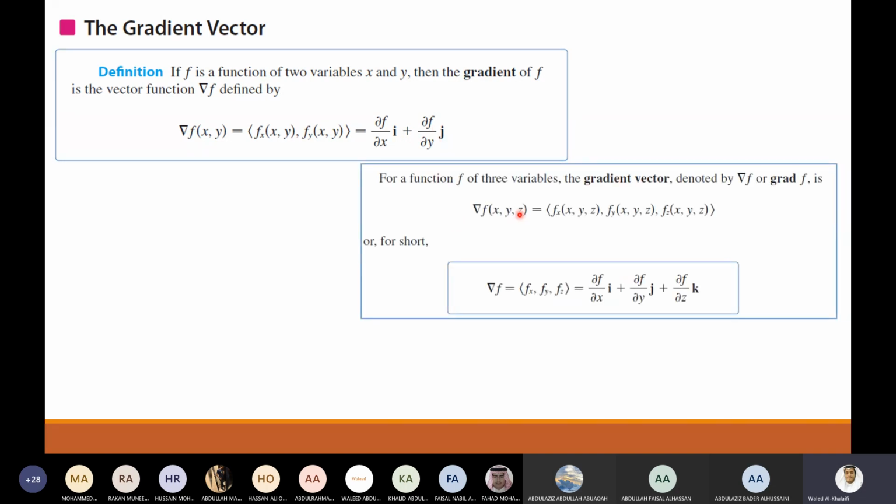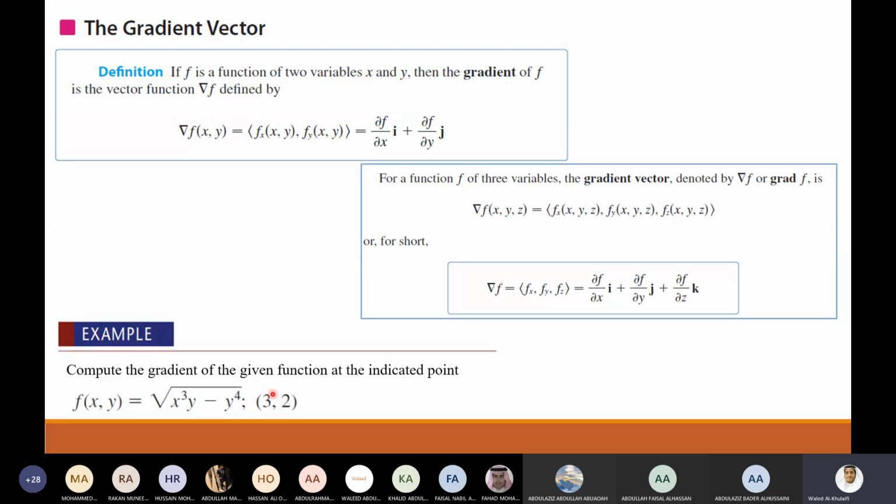If you are dealing with a function of three variables, the gradient of f is the partial derivative with respect to x, with respect to y, and with respect to z, and you can write it in terms of i, j, k. So when you take the gradient of the function f, the result will be a vector. Keep in mind, the gradient of f gives us a vector.